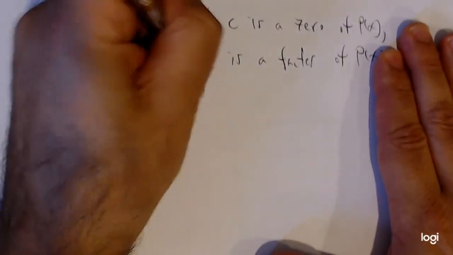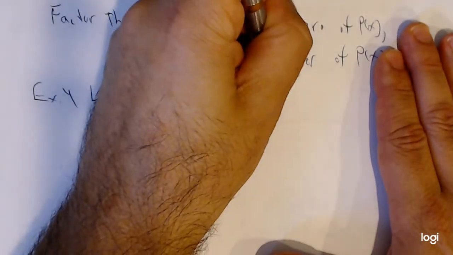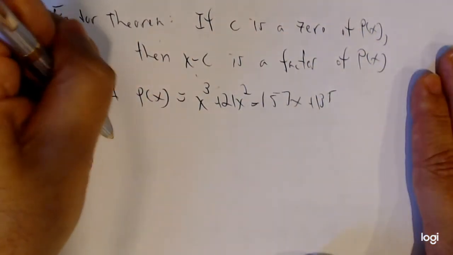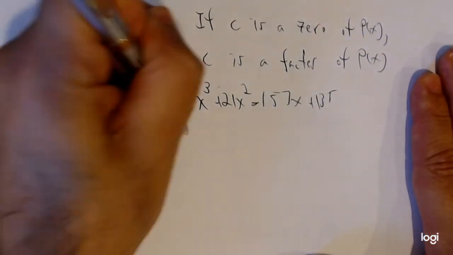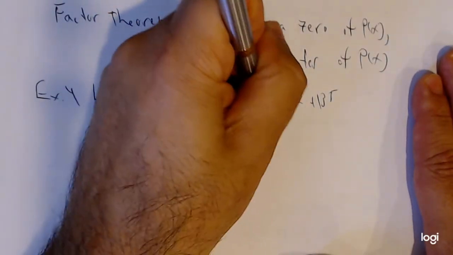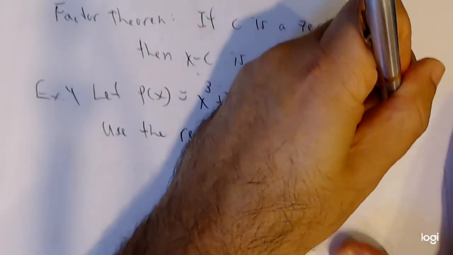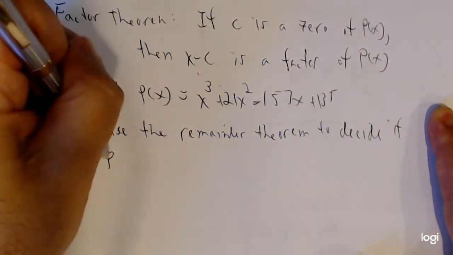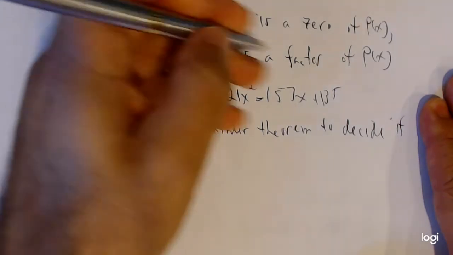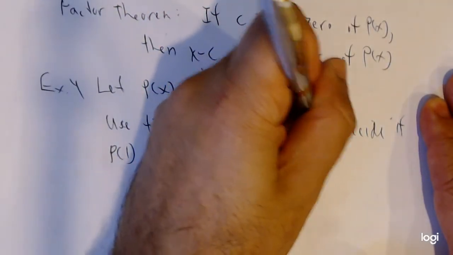Let p of x equal x cubed plus 21x squared minus 157x plus 135. We could say, use the remainder theorem to decide if p of 1 is a factor of p of x.